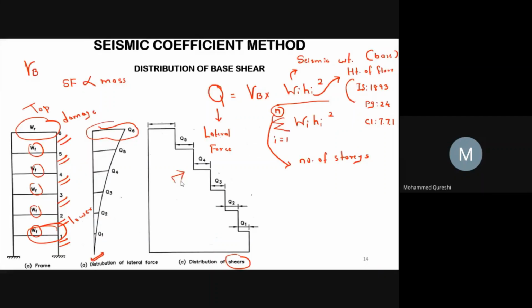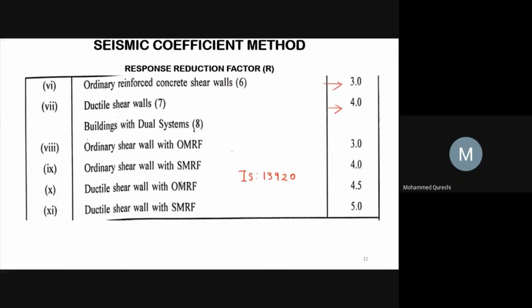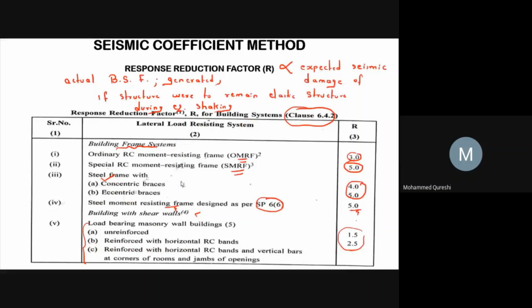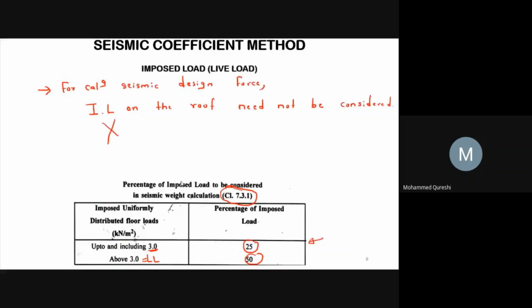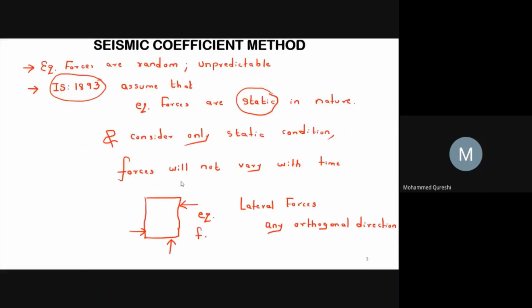So, we will just go through the whole method quickly. First of all, the seismic methods of analysis. There are three different methods of analysis, and all the methods provide different degrees of accuracy. Based on the type of external action and behavior of the structure, the analysis can be further classified as linear static analysis, linear dynamic analysis, non-linear static analysis, and non-linear dynamic analysis.